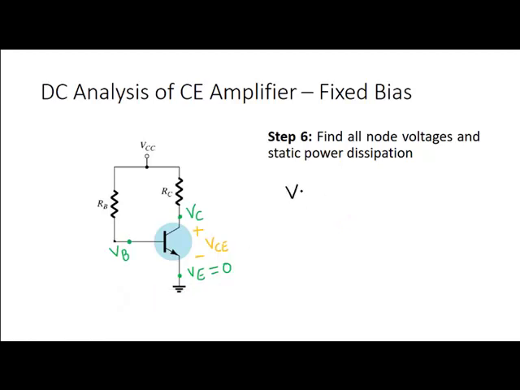VCE is equal to VC minus VE. And we know that VE is 0 because this emitter terminal is directly connected to the ground point here. So VE is equal to 0. So the node voltage VC is nothing but the voltage across the device, VCE.